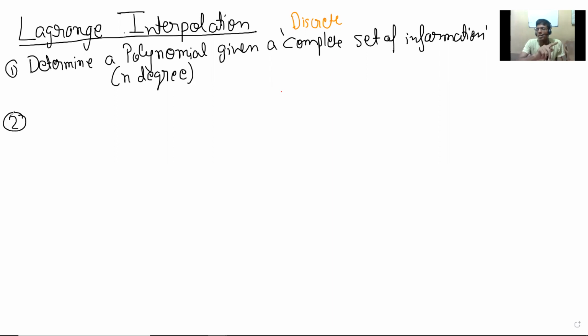But another way to see Lagrange interpolation is basically writing a polynomial, yeah, writing a polynomial using special polynomials, right? This I will expand once we have the formula. Okay.